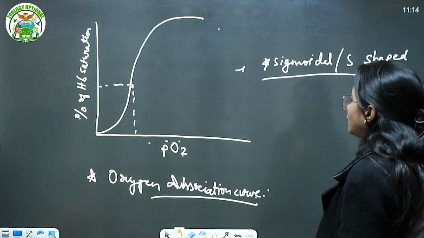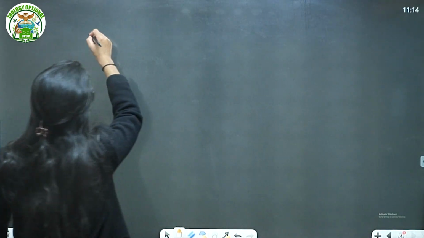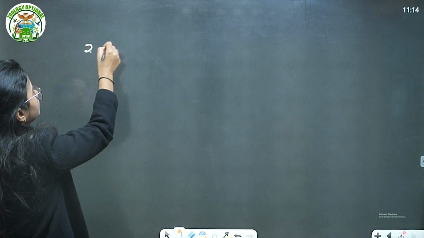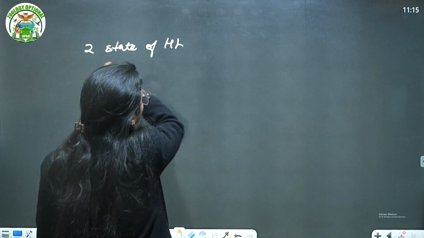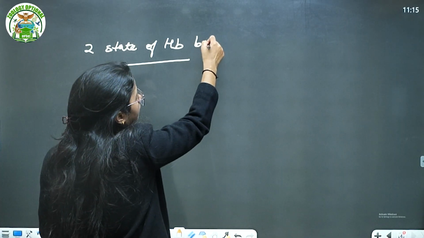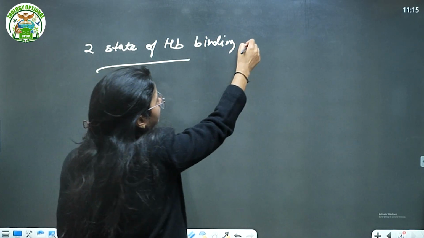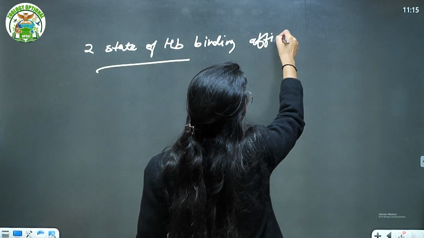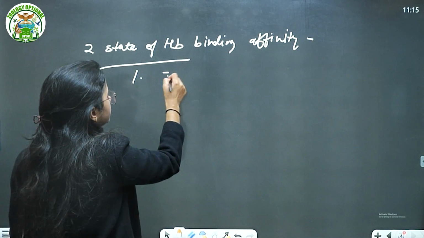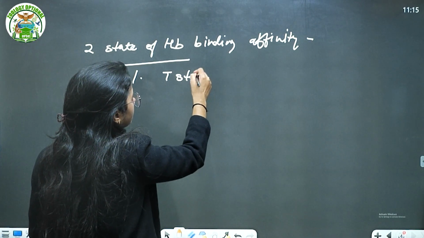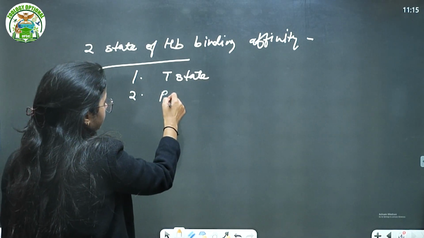So when we talk about the binding of oxygen here, there are two states of hemoglobin binding affinity. One is the T state, the second is the R state.